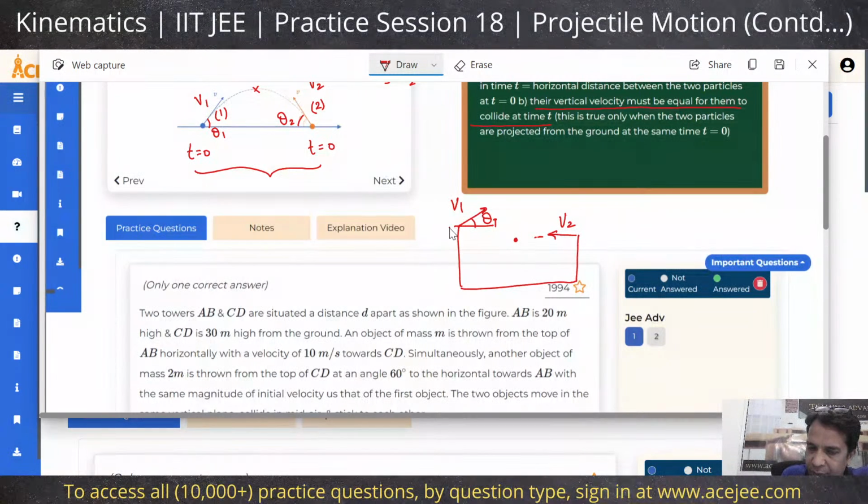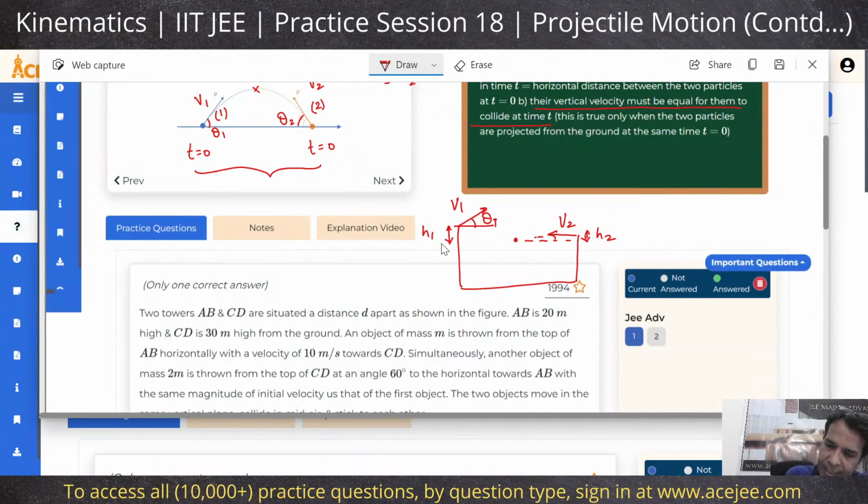That means the vertical displacement may be different for the two. In this case, the vertical displacement is h1. In this case, it might be h2. And if they are thrown at the same time, then the time of flight would be the same before collision. Okay, so the rest is you just need to write down the equations for both projectiles, projectile 1 and projectile 2.